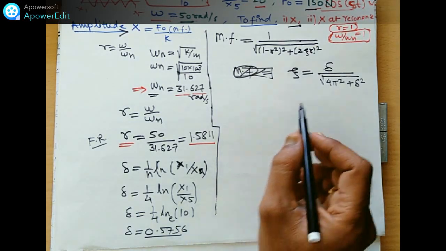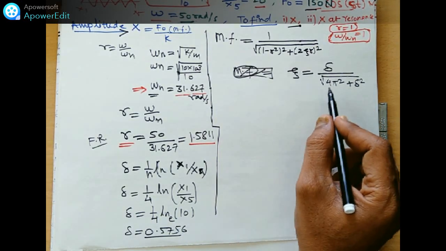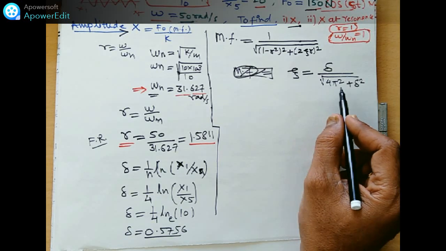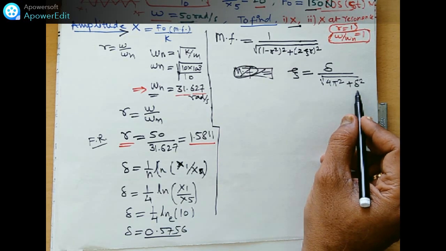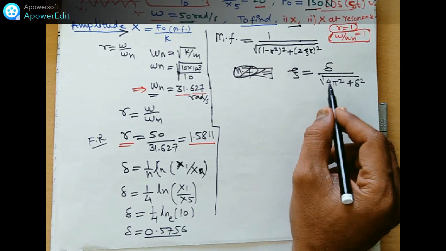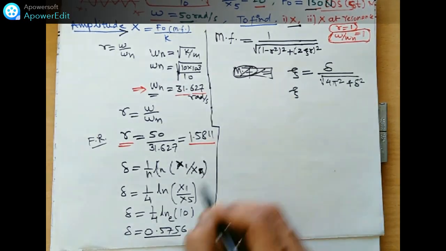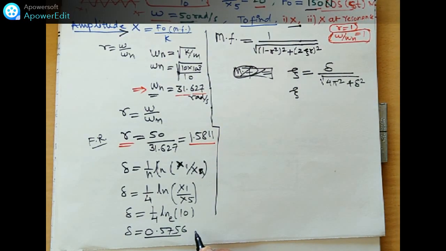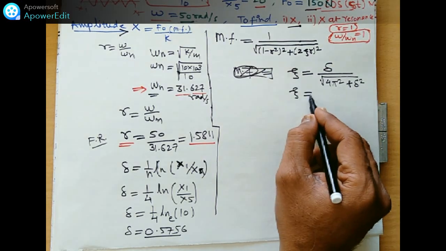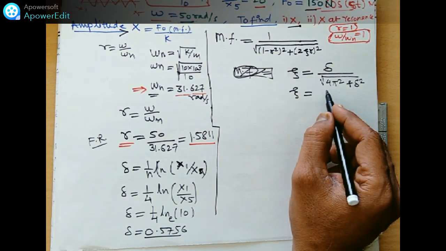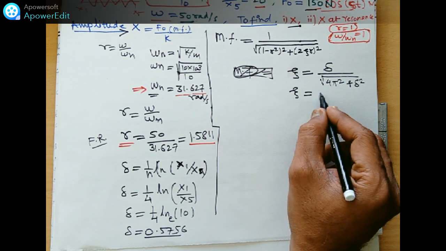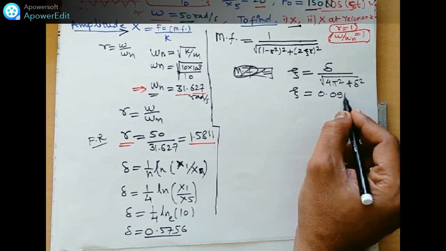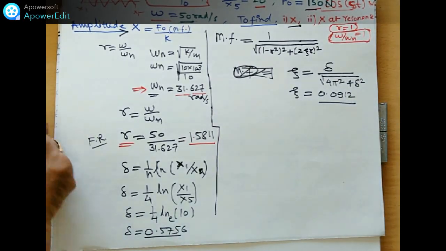Zeta is equal to delta upon under root of 4 pi square plus delta square. By using this relation, putting the value of delta, we get the value of zeta. What is the value of zeta? I will write here 0.0912. This is the final value of zeta.